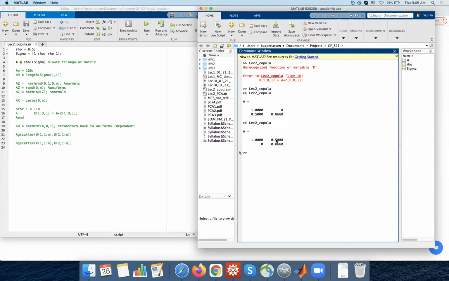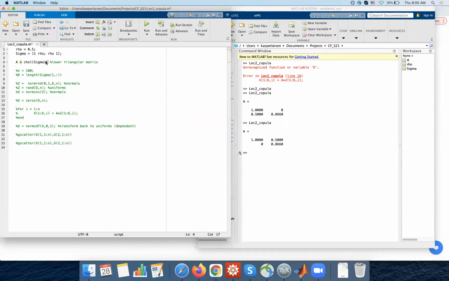But the theory that I just did on paper requires a lower triangular matrix. And the way you transpose in MATLAB is by putting this dot-apostrophe up there. It's not a T.